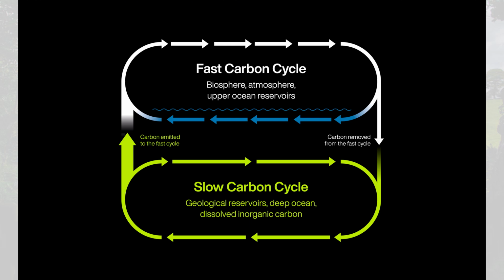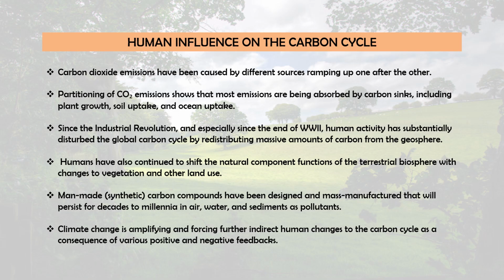And the volcanoes also return the geologic carbon directly to the atmosphere in the form of carbon dioxide. However, this is less than 1% of carbon dioxide put into the atmosphere by burning fossil fuels. There are some influences of humans on the carbon cycle.